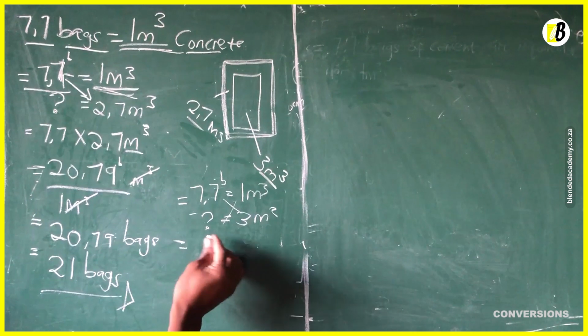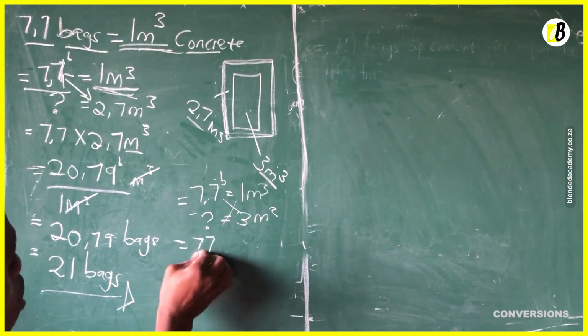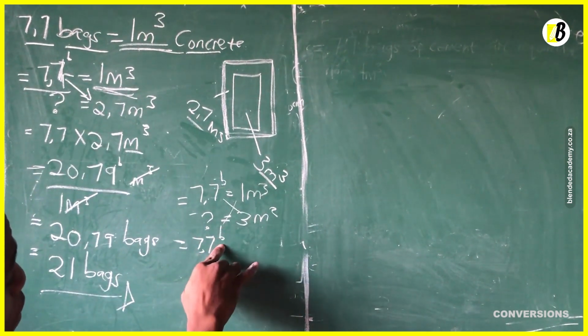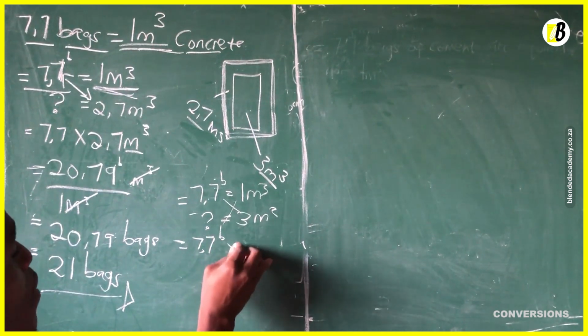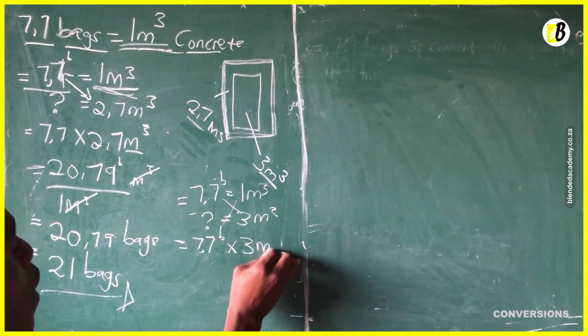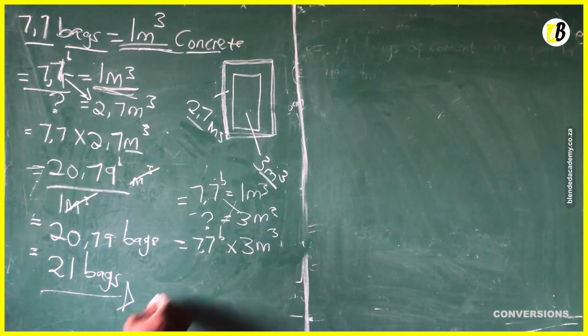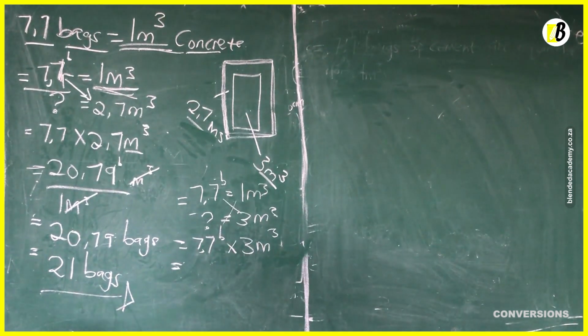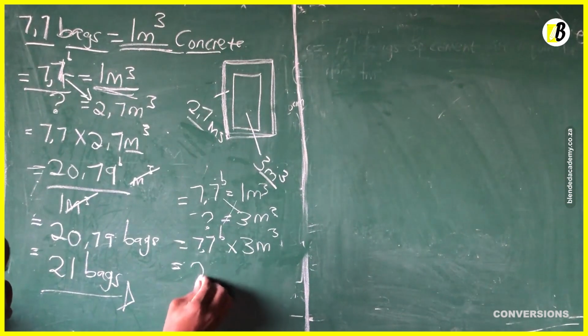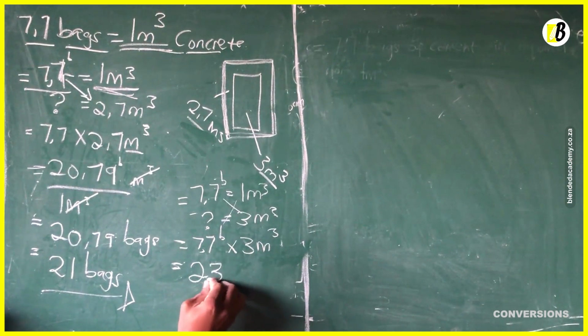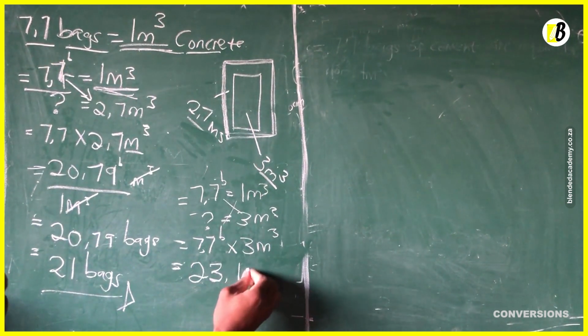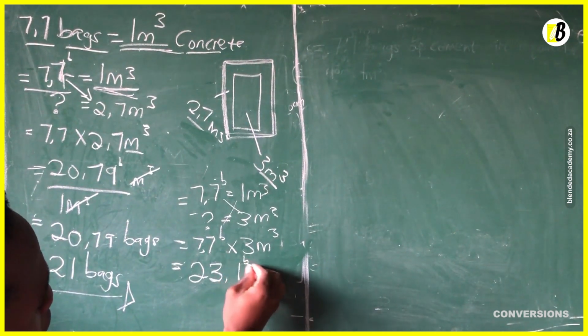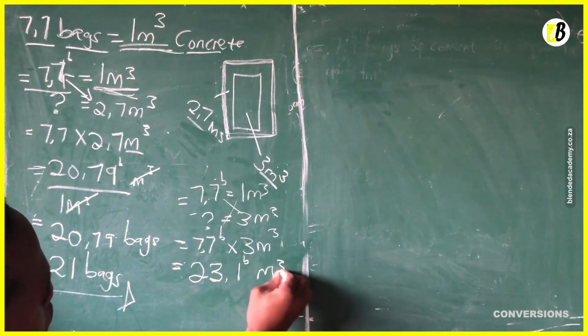So it's going to be 7.7 bags multiplied by 3 meters cubic. So it's going to be 7.7 multiplied by 3. So that gives us 23.1.